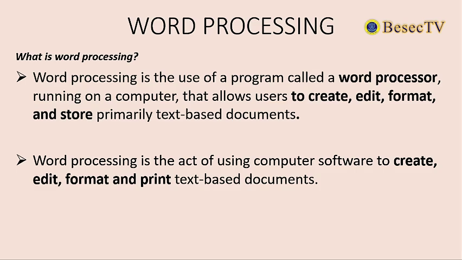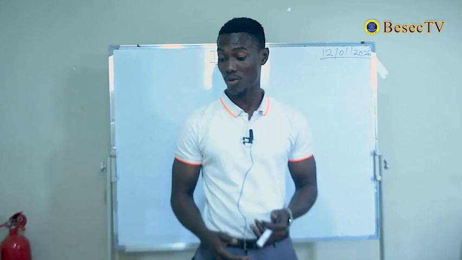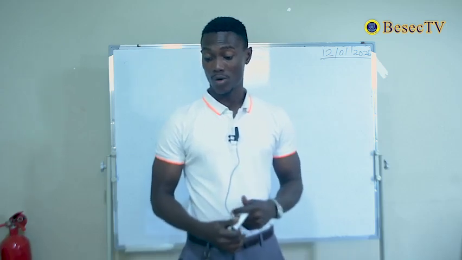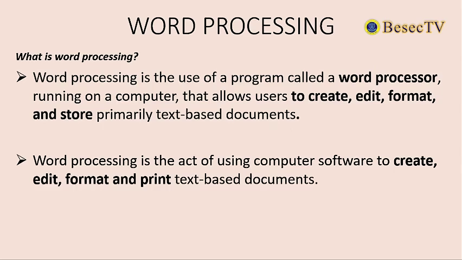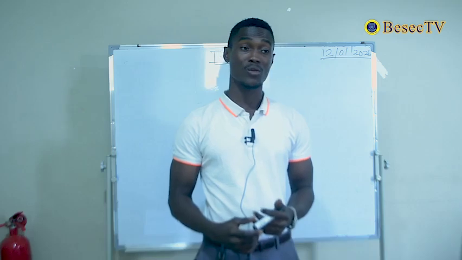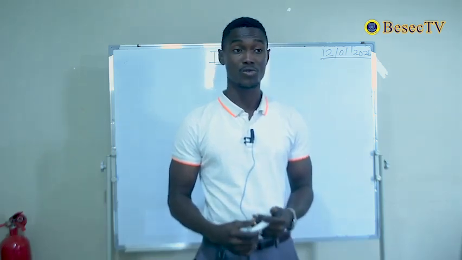So one may ask, what is the meaning of this long definition that has been stated? As you can see, we said the use of a program, and a program is another terminology in ICT you can use for software.